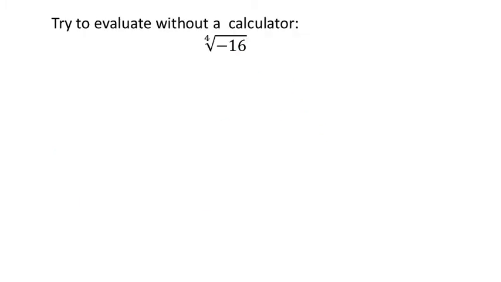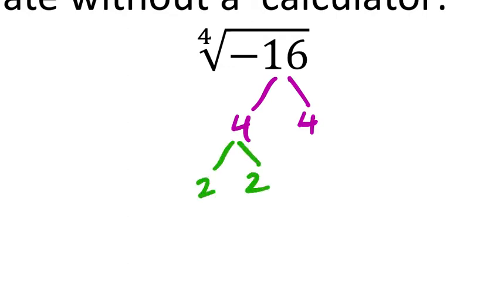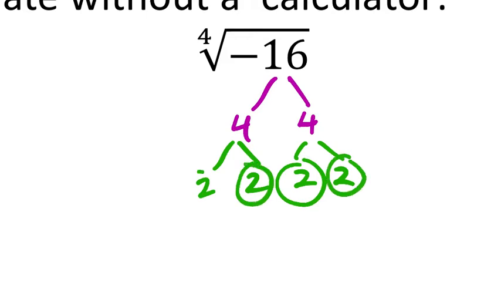This one will emphasize that. So again, you could say 16, that'd be like 4 times 4, and then 4 splits up into 2 times 2. But the problem here, even though the 2s are prime, is if you made them all negative, because you have to remember, it has to be the same thing being multiplied by itself. You can't just make some of these negative, some of these positive.